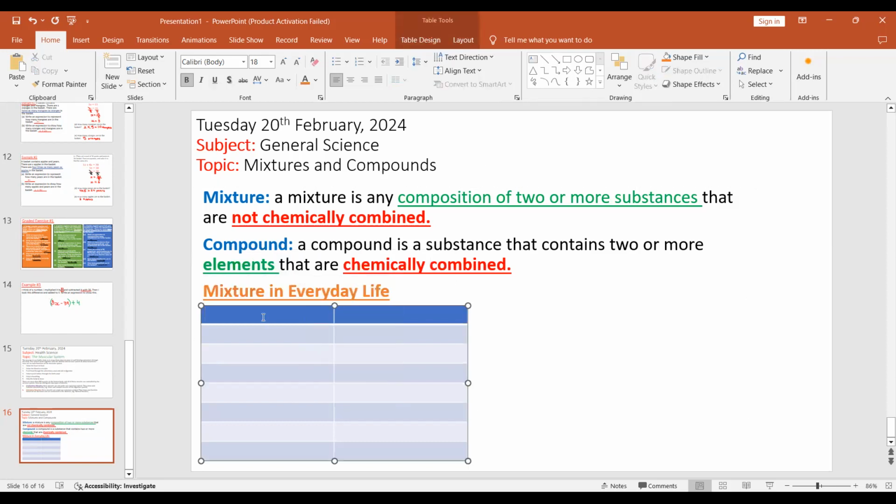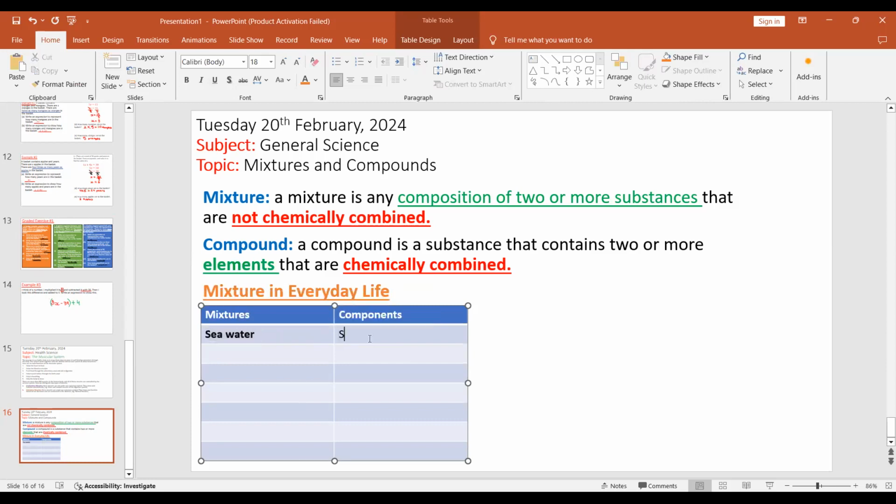All right, so mixtures, and let's look at the components. One of the most common mixtures that we have is seawater. Now, what is seawater a mixture of? Anyone can tell me? Salt?